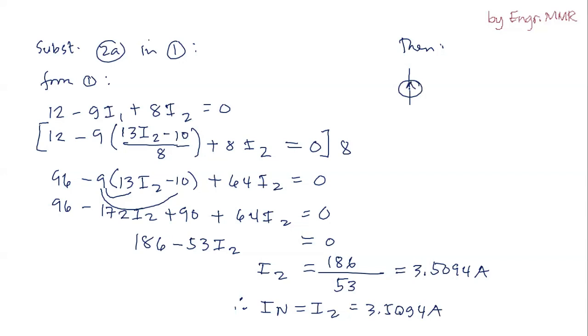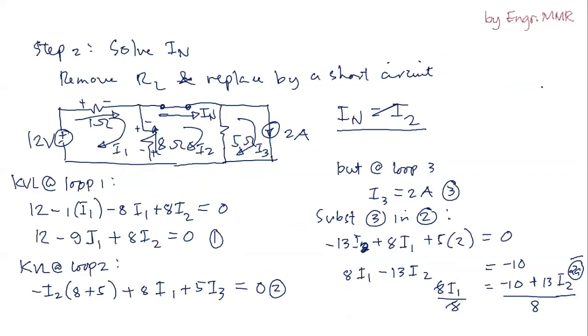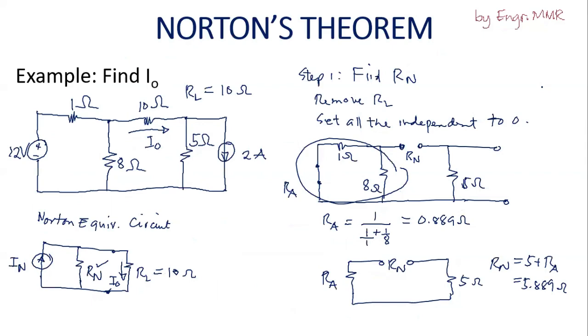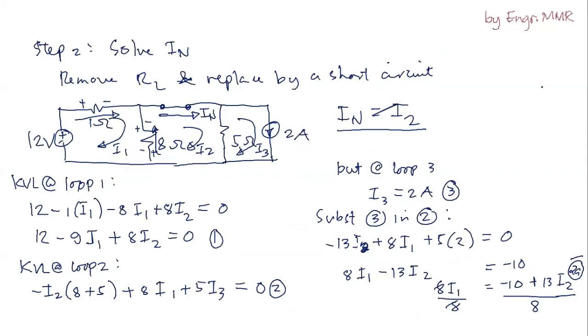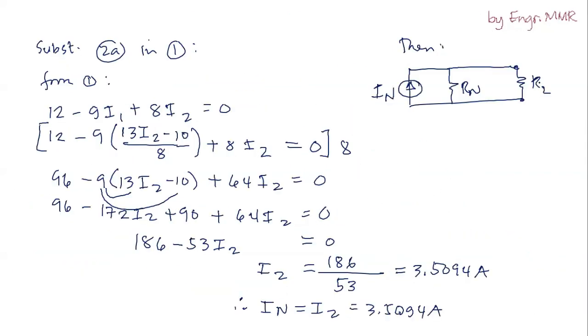So we have here IN and the RN. And we will connect back to the circuit the RL. How much is the RL? RL is 10 ohms. So we have RL equals 10 ohms.